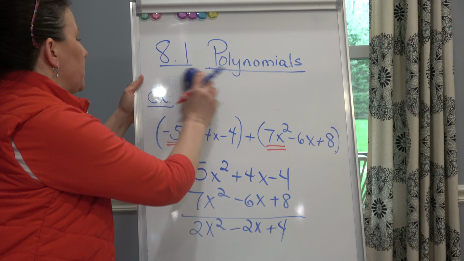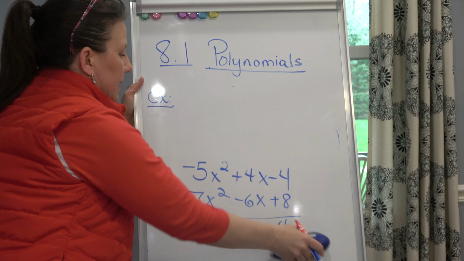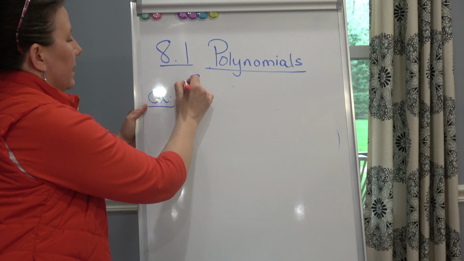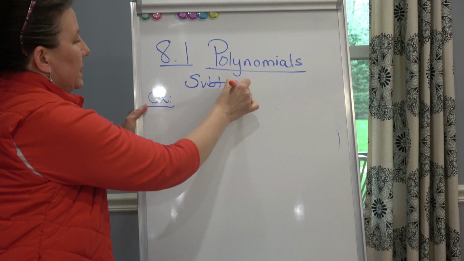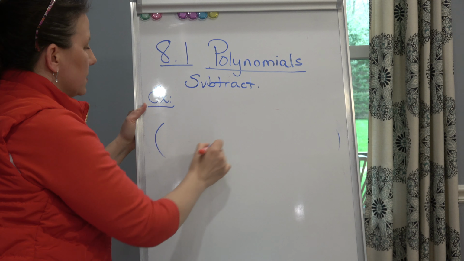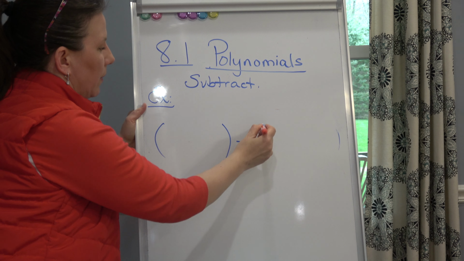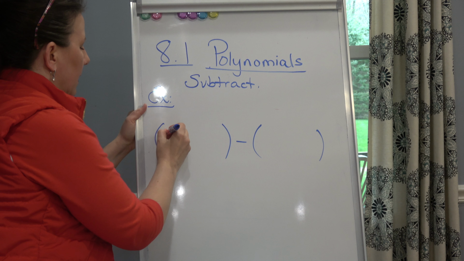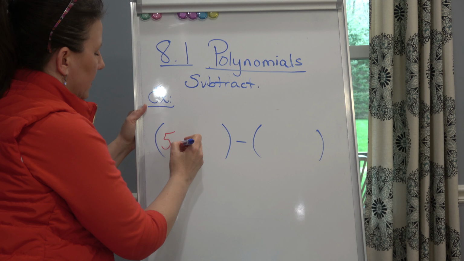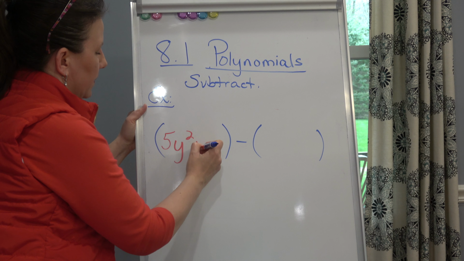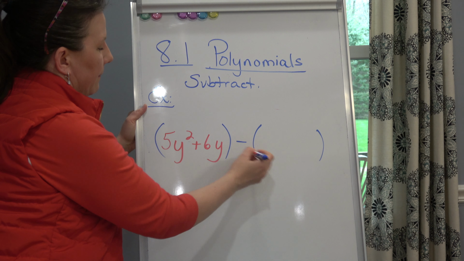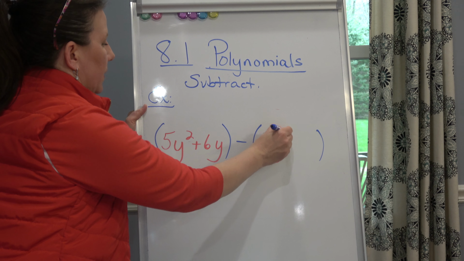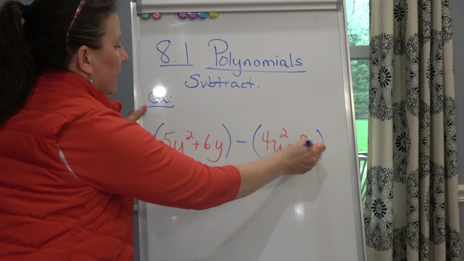Okay, last problem here, and I'm going to get in just under the wire for my goal here. All right, if we were to subtract, so here's where sometimes students get into some trouble. Okay, if we were to subtract, let me make up 5y squared plus 6y minus 4y squared minus 8y.